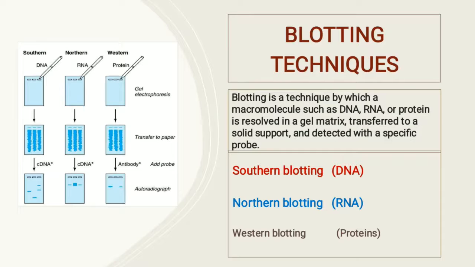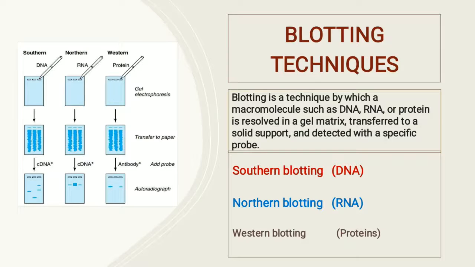In case of proteins, you will have to create a probe that is mainly an antibody that can bind to the protein. Then after that, you will get an autoradiograph of the paper where you can visualize the location or position of your targeted molecule.